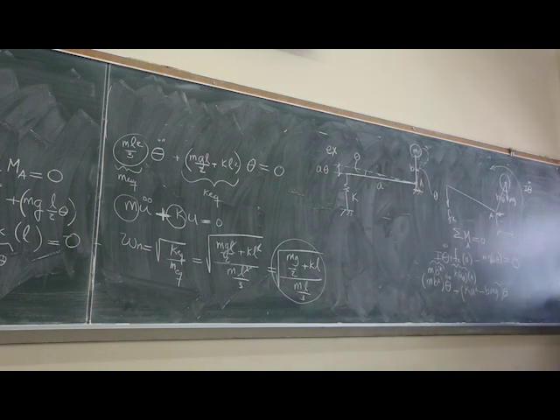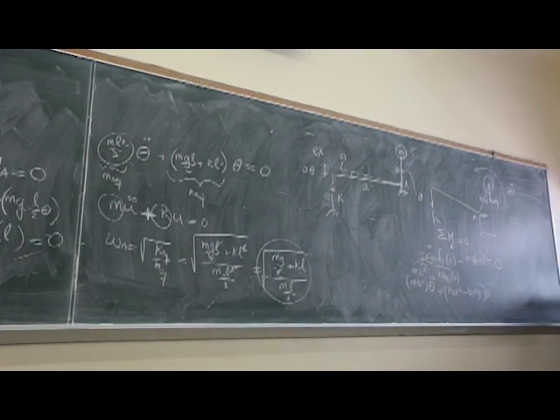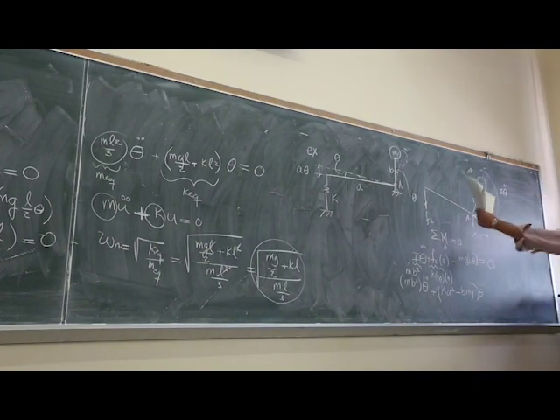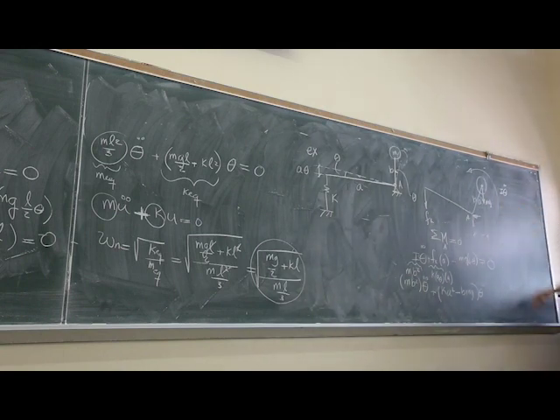Any other questions? How come you keep setting the sum of moments equal to 0 instead of just putting I theta double dot? If this is moving in this direction, this is the D'Alembert force. When you put the D'Alembert force on the diagram, instead of writing the summation of moments equal to I theta double dot, I've already considered that in the diagram.